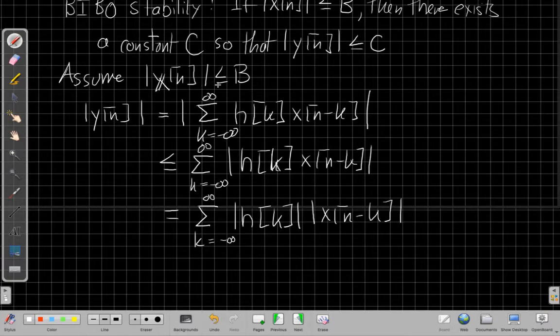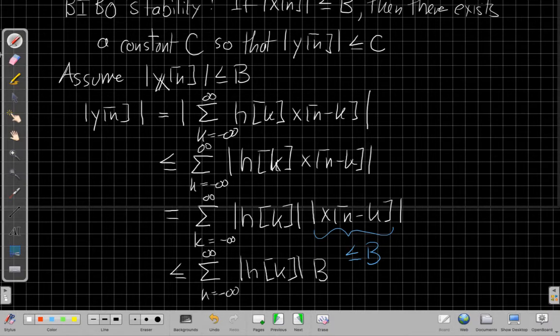Well, if x of n is bounded by b for all times everywhere, then all these shifts and flips of x of n would still have the same upper bound on the amplitude. So this term is always less than or equal to b. If I put that into the sum, the sum of the magnitude of h times the magnitude of x is always less than or equal to the sum as k goes from minus infinity to plus infinity of h of k times b.